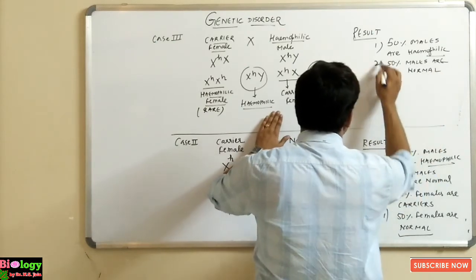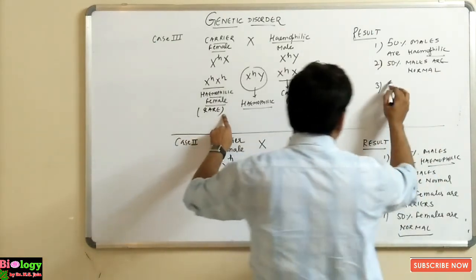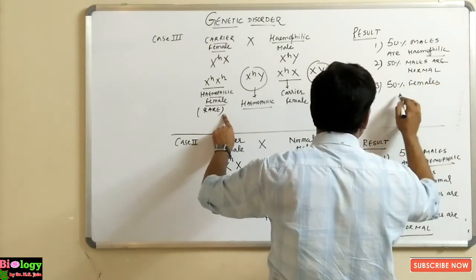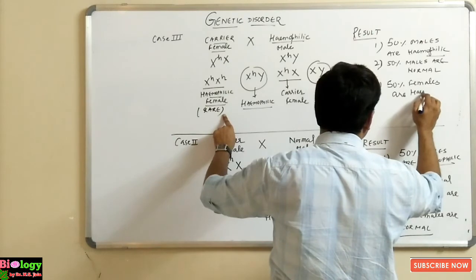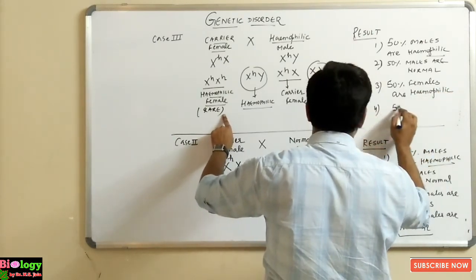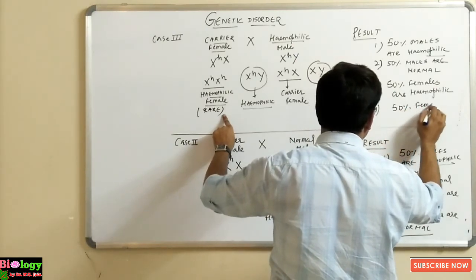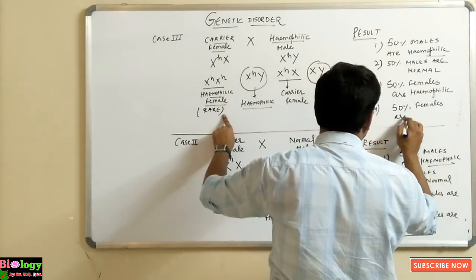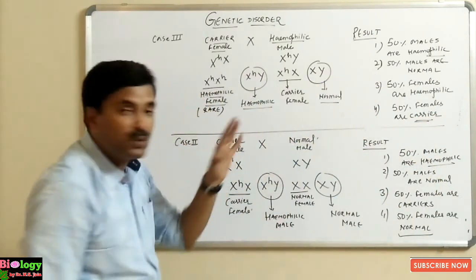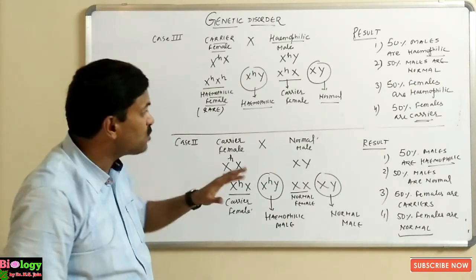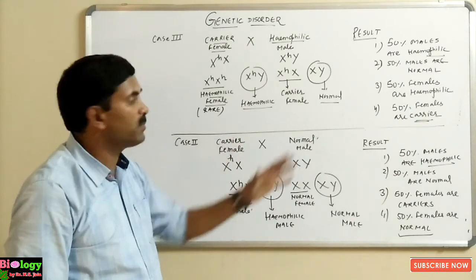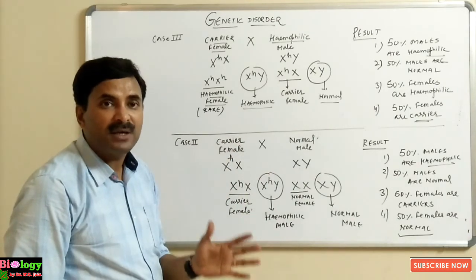Okay, what about the females? 50% females are hemophilic, and the other 50% females in the progenies are carriers. Okay, so these are the 3 case studies. Based on these 3 case studies, you can solve any problem related to hemophilia.